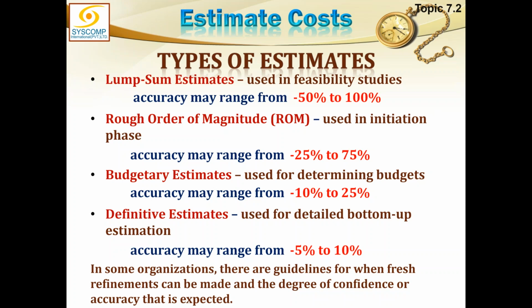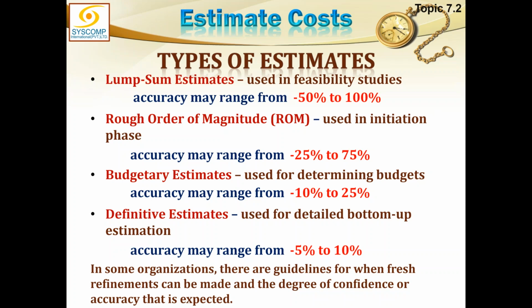So, minus 50% means that this estimate of mine of 100,000, maybe at minimum, we may build the same thing in 50,000 rupees. Or maybe it may take 100% more, that means 200,000 rupees. So, if the lump sum estimate was given as 100,000 rupees, then it is all right for it to fluctuate between 50,000 and 200,000. This is a good lump sum estimate.